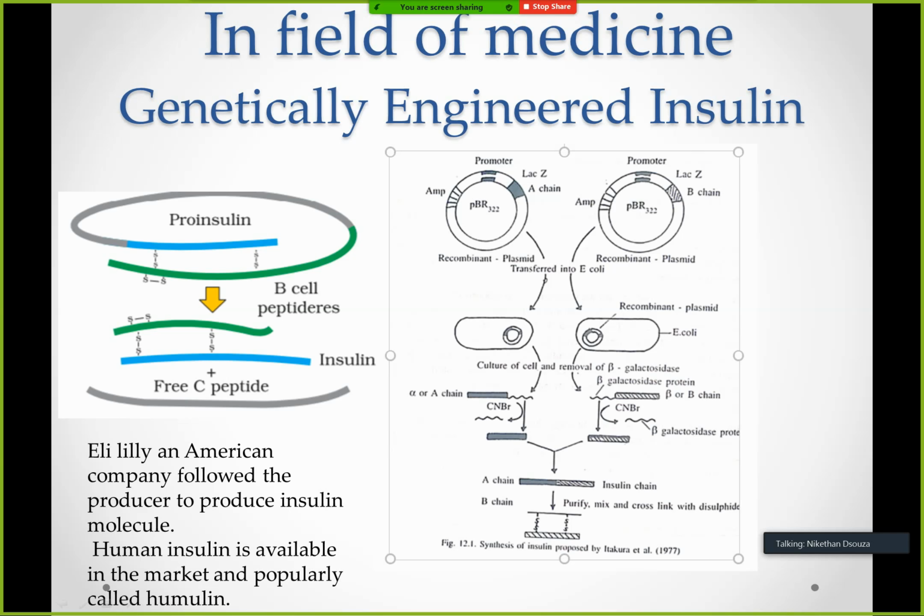See here, the A chain and B chain are held together by disulfide bonds. Only these bonds hold the A chain and the B chain. We have to obtain the A chain separately and the B chain separately.